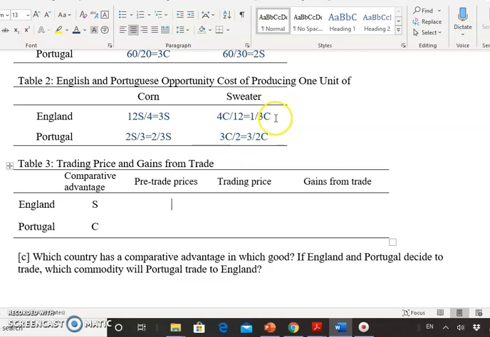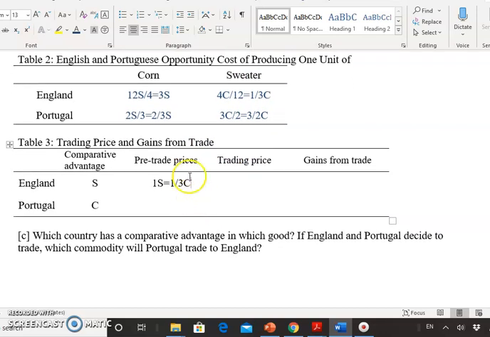Again, go back to table 2, you would be able to find that here. So let me write it this way. If you have one sweater in England, without trade with Portugal, you can get 1/3 corn, with other English farmers producing corn. So we're still using this ratio back in table 2.